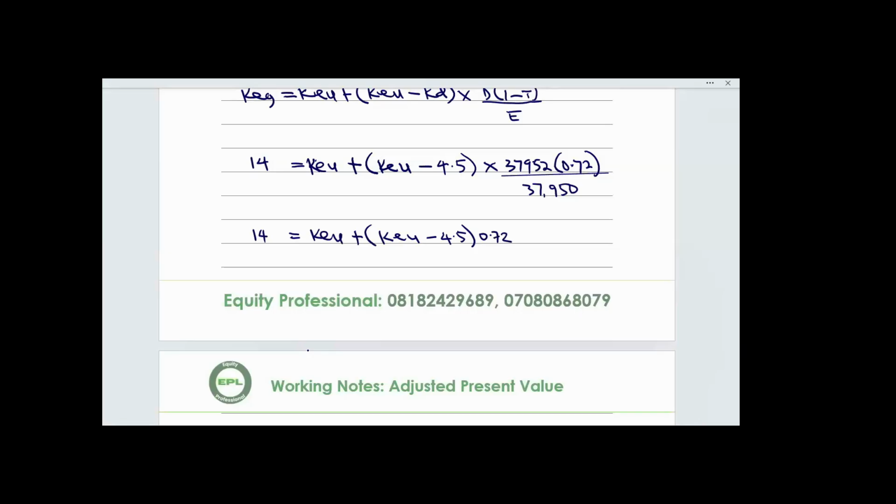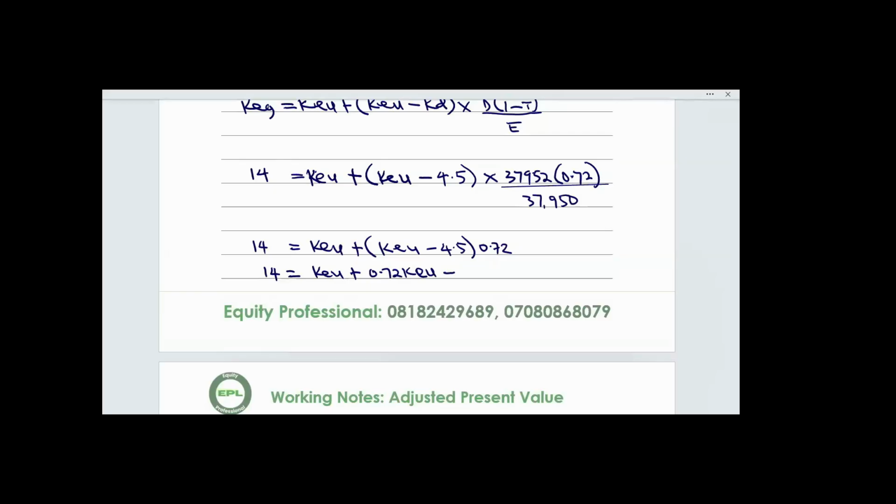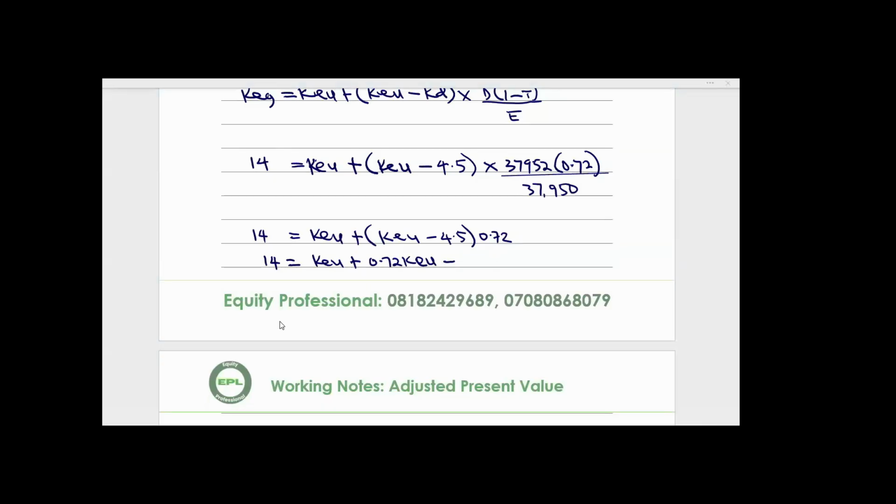So let's expand. Here will be 14 equals KEU plus 0.72 KEU minus 0.72 multiplied by 4.5, which is 3.24.